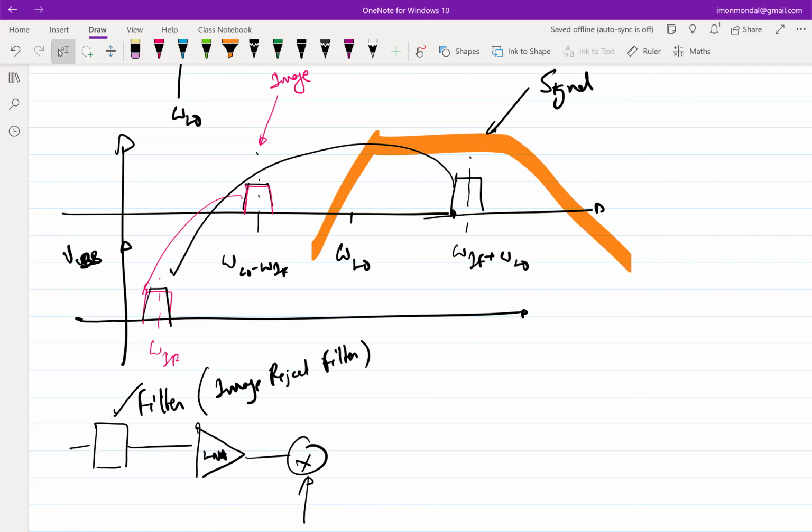Given that the LNA is an active device, let's say the image reject filter is an ideal LC filter, an ideal bandpass filter, no distortion, nothing. Would you rather have it before the LNA or after the LNA?